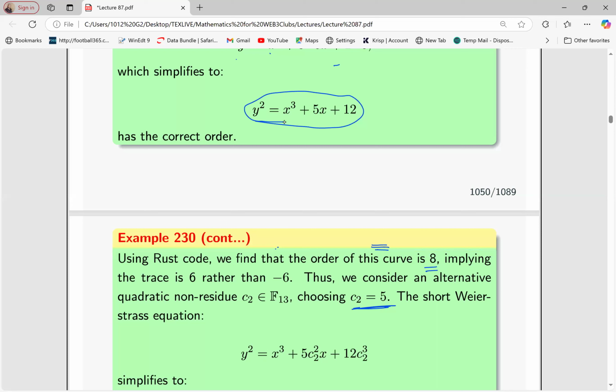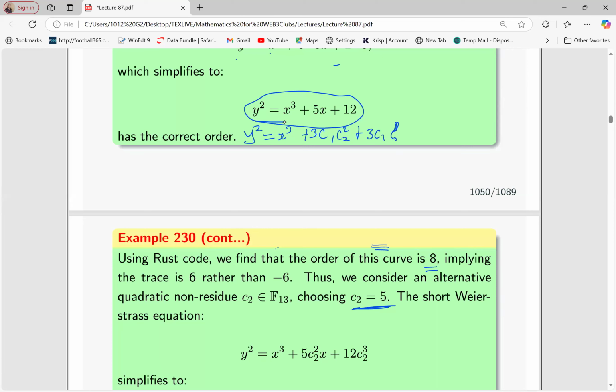Now try 5 and multiply this by 5. The equation is supposed to be y squared is x cubed plus 3 C1 C2 squared plus 2 C1 C2 cubed.